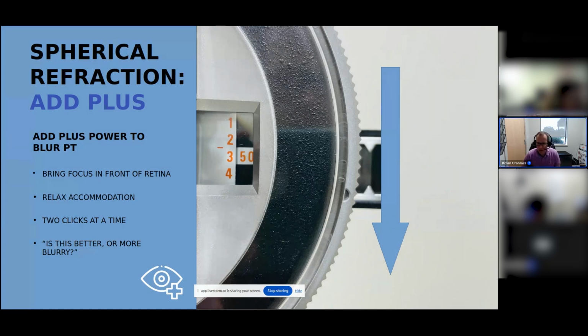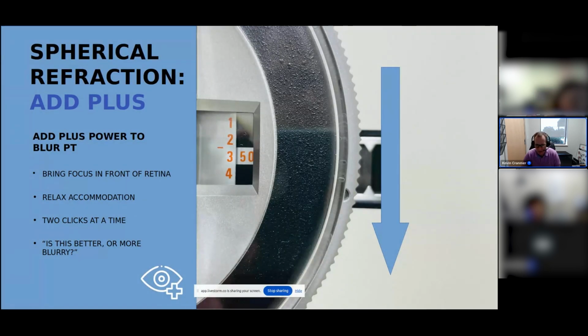There's a knurled disc of lenses that we can rotate in front of their eye, and to bring the focal point forward in the eye, we're going to rotate the knurled knob downward, and that will add more plus power. That brings the focus forward in the retina, and that will relax their accommodation.